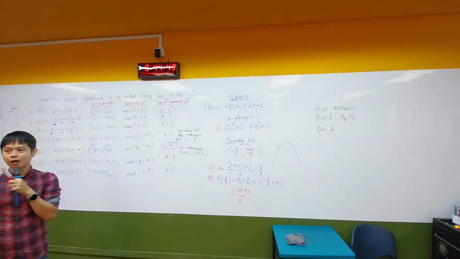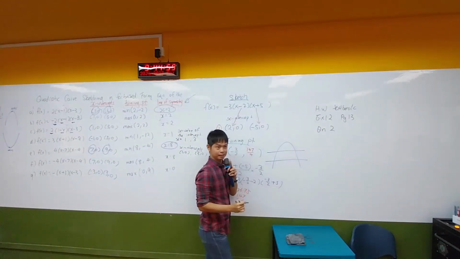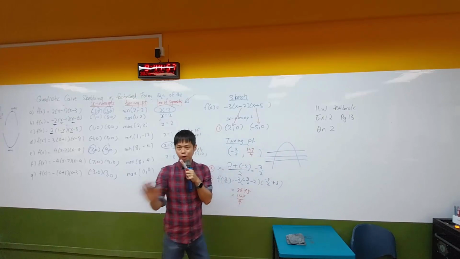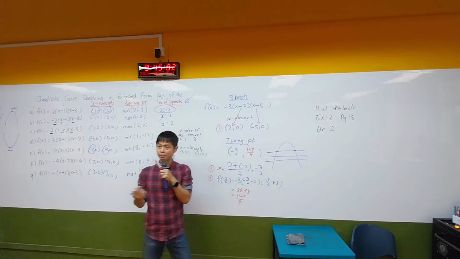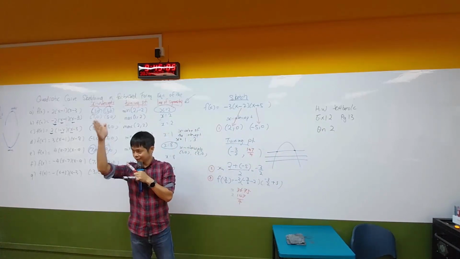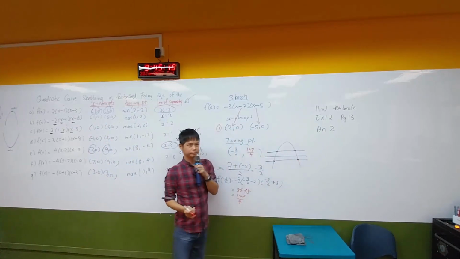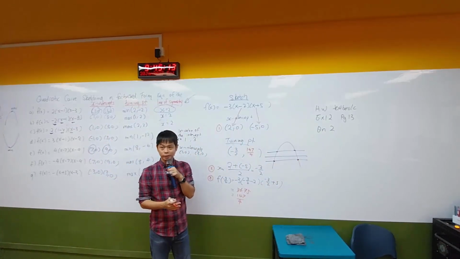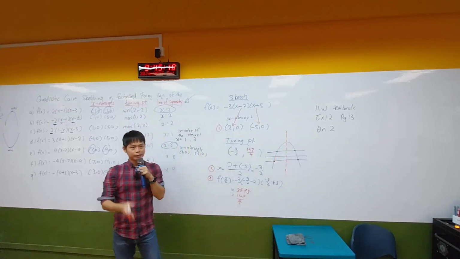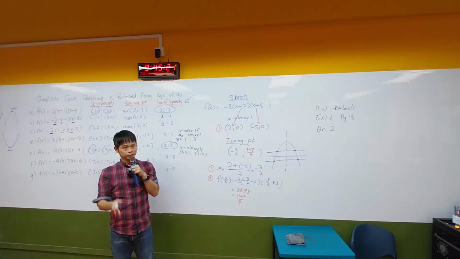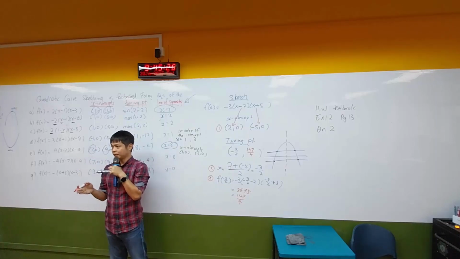The quadratic curve is symmetrical about the turning point. So I can draw any horizontal line I like. What happens when I find the middle of this line, of these two points? I'm finding the line of symmetry, right? I will still get the x value for the line of symmetry. So that's why I find the middle. The concept you understand already, why I find the middle.